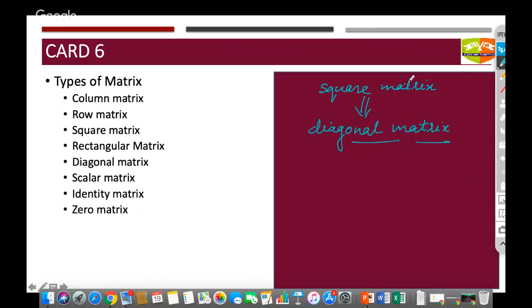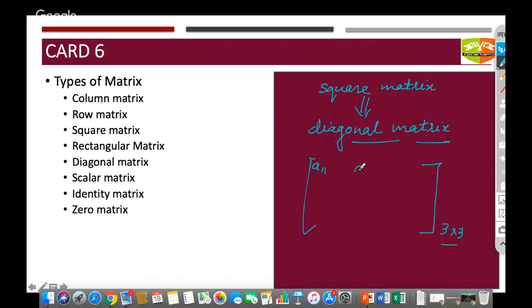So in a square matrix, a diagonal matrix is something where only diagonal elements are available. Suppose I take a 3 into 3 square matrix, there would be three diagonal elements.